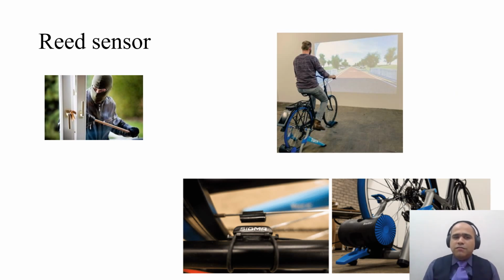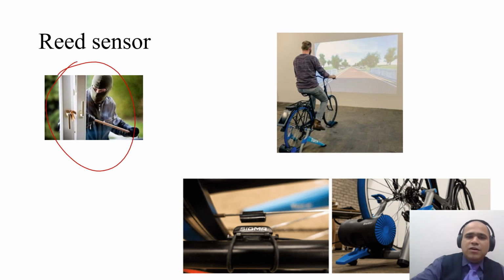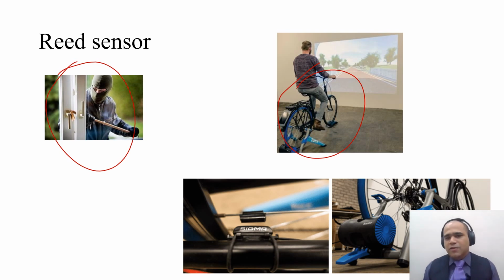Now, this is a very simple sensor, a reed sensor, which can be used in a burglar alarm application, or can be used to measure cycling. Nowadays, everybody, because of COVID, is inside the home. They can have these kinds of cycles, and when you run this cycle, you can measure the speed by connecting a reed switch. So, what is a reed switch?